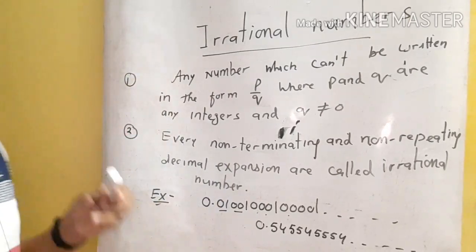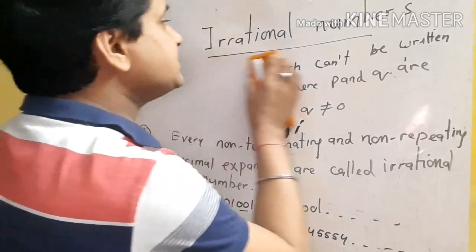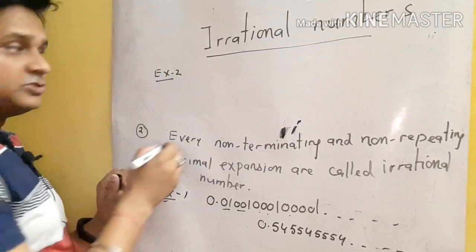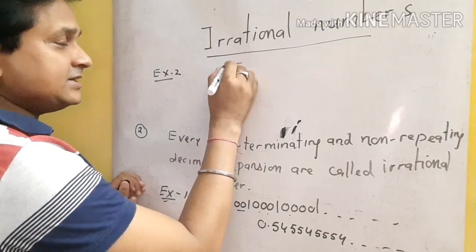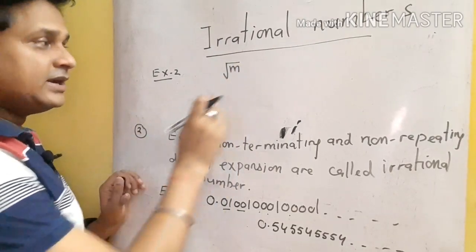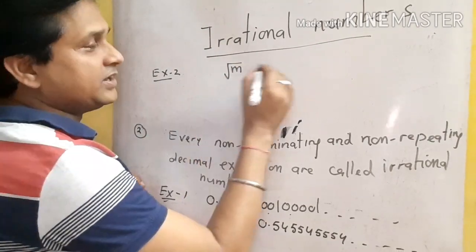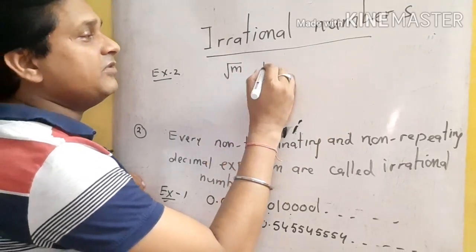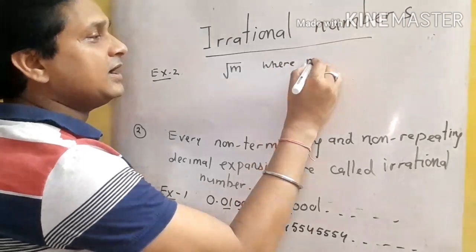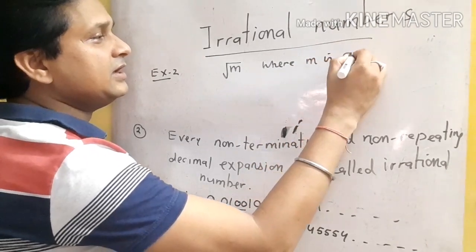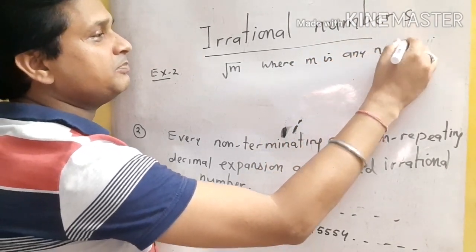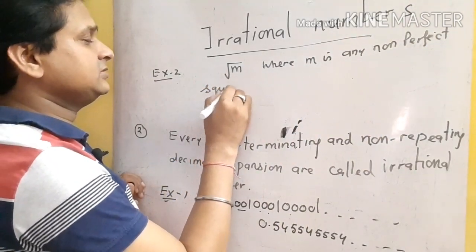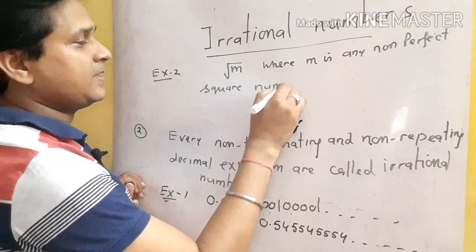Now let me take another example. Example number 2: suppose there is a square root and under the square root we have a non-perfect square number. Suppose root m, where m is any non-perfect square number.